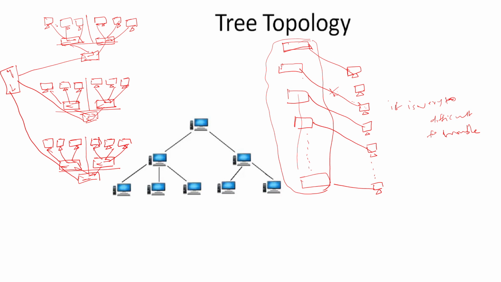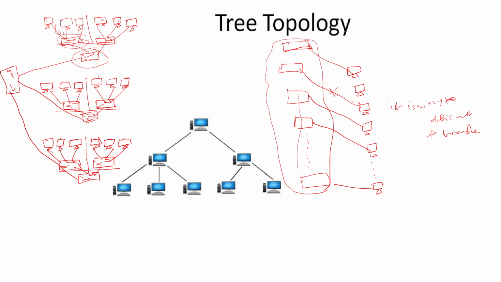See, if something happened in this section, you just have to look at this switch and we can find out the problem. Suppose this device is not communicating to this device, so we can check this area. Or if all these devices are not communicating to this section, you can check this switch, right?